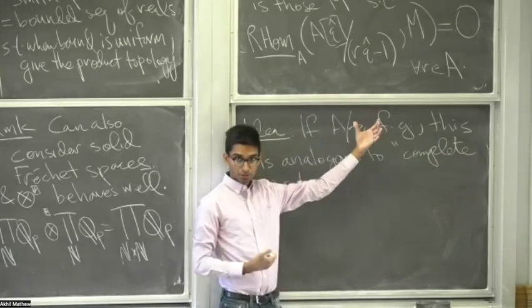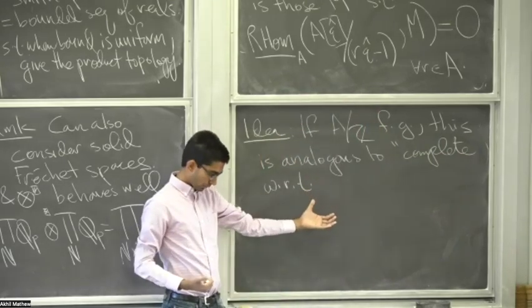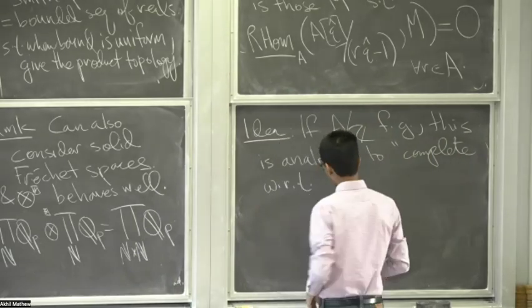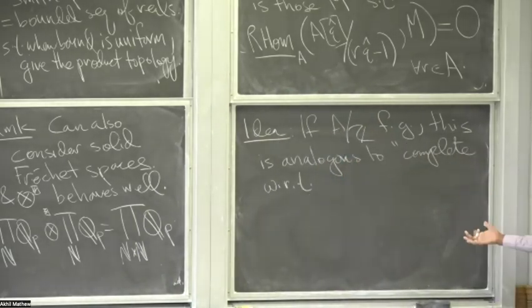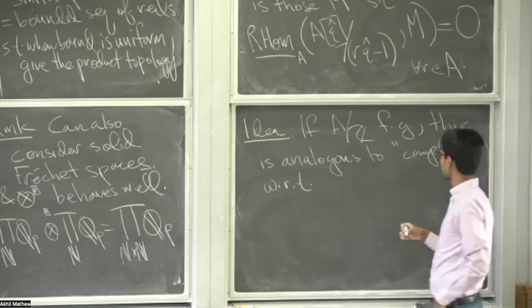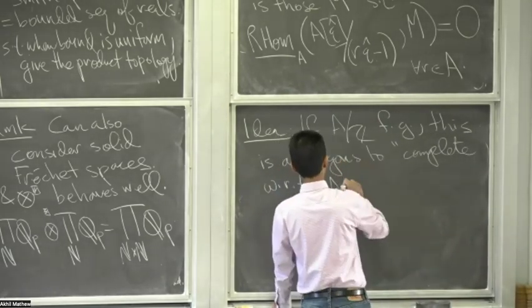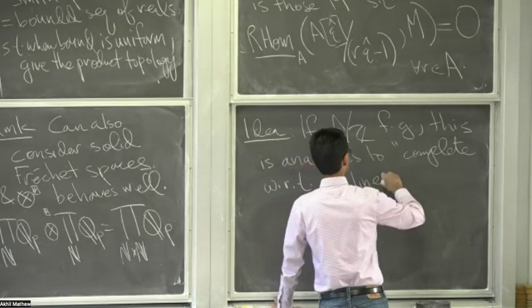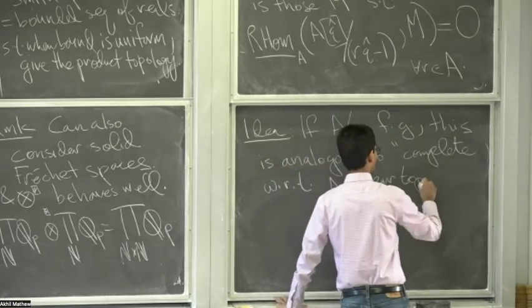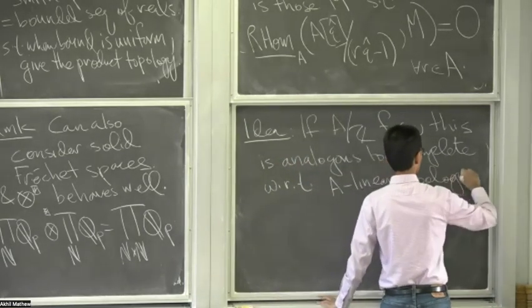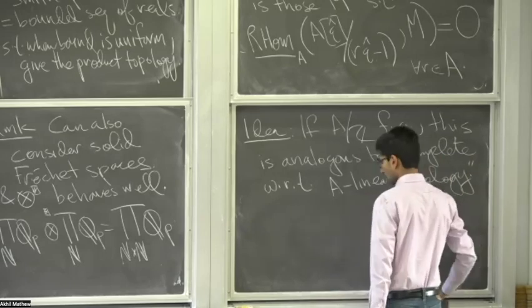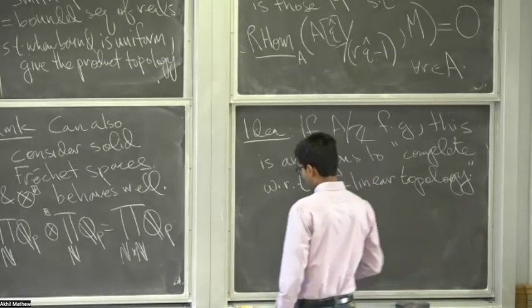Such an object is solid as an abelian group and an A-module, but it's somehow more than that. It's analogous to complete with respect to an A-linear topology, so it has a neighborhood basis consisting of A-modules. And then the theorem.